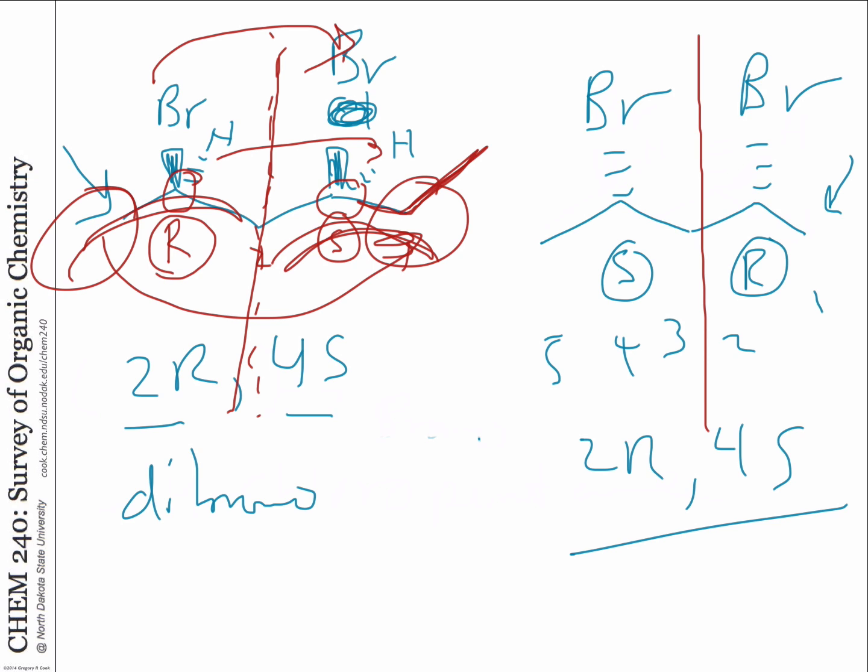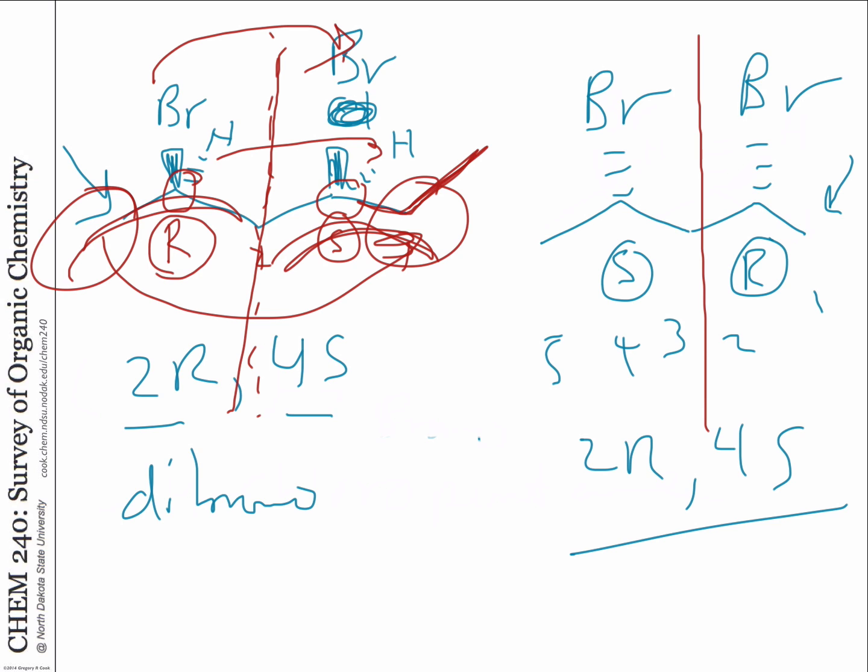Now you always have to number from the left side because it's the closest substituent. Now its mirror image would be different. Okay, meso compounds, again, are molecules which contain 2 or more stereogenic centers, but they have a plane of symmetry and are achiral because their mirror image is the same. They could be written in many ways.